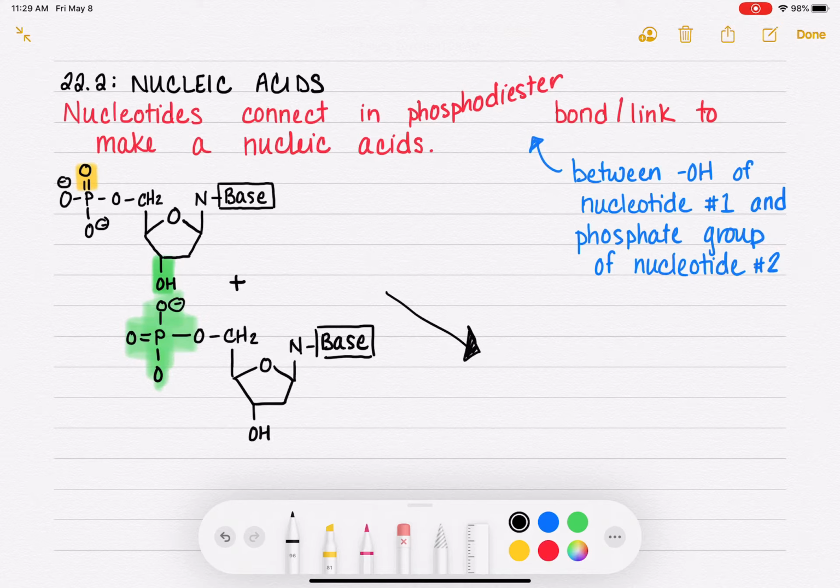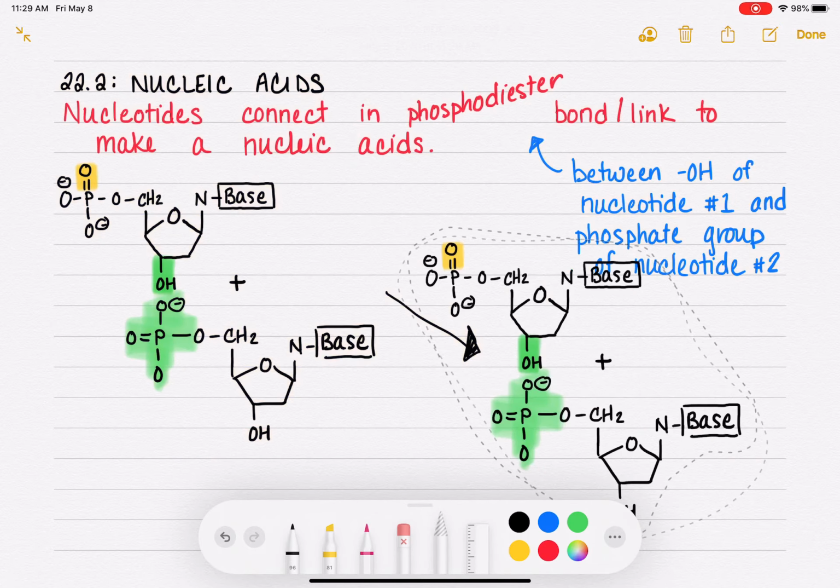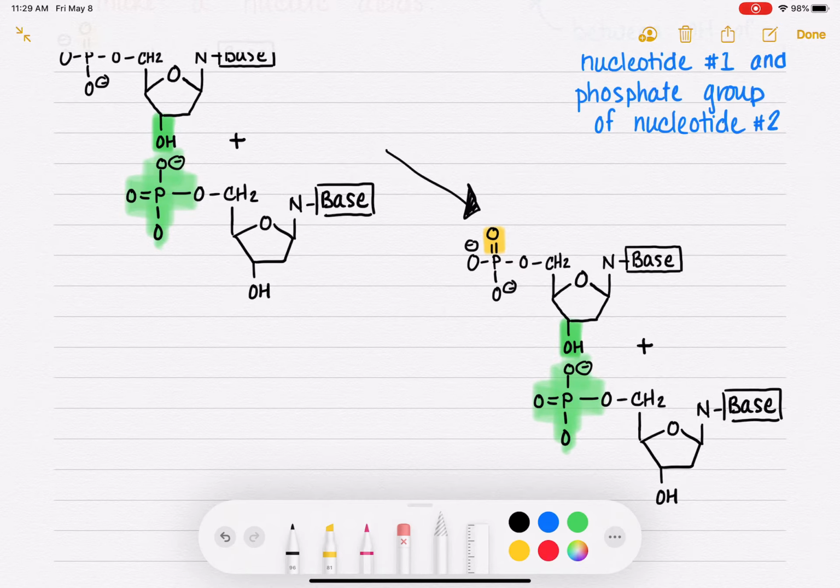I'm going to try to use my sweet cutting and pasting skills again. And what I'm going to do is just modify this structure. Let me shorten my arrow a little bit.